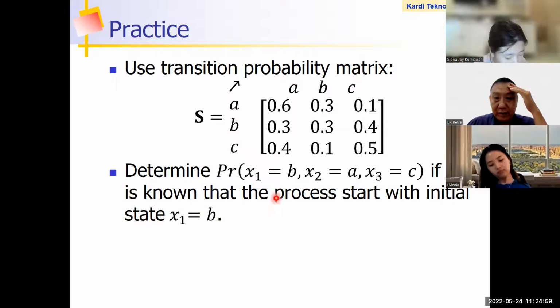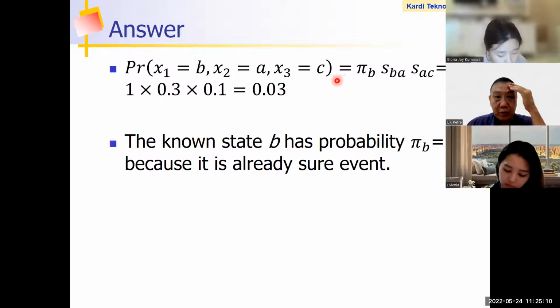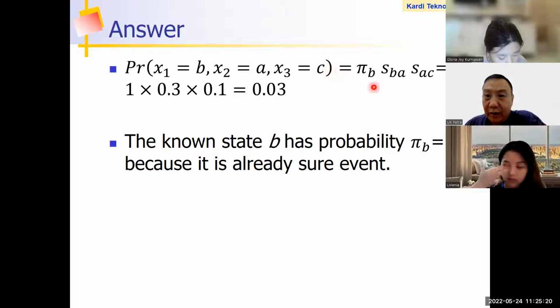If you know that the process starts with initial state x1 equal B, then phi B is equal to 1. So this is exactly what you're supposed to do. In this practice, if I know B, then A, and then C, you just change this.